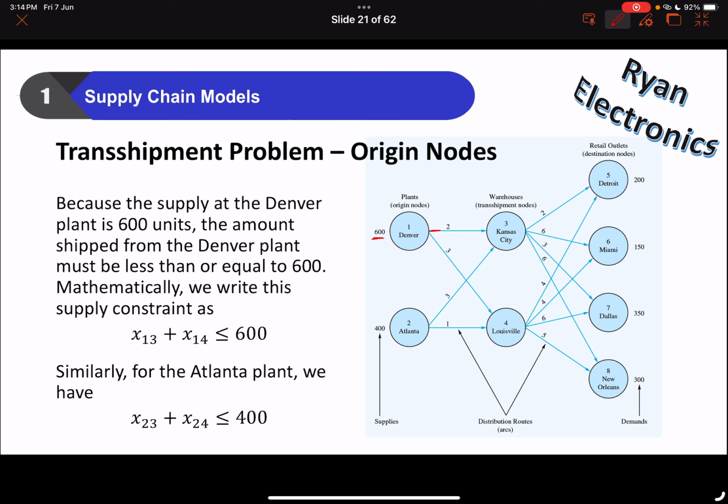So this is X13, this is X14. Atlanta is the same. Atlanta has 2 routes, so we have X23 and X24, added together must be less than or equal to 400, which is the available supply here.